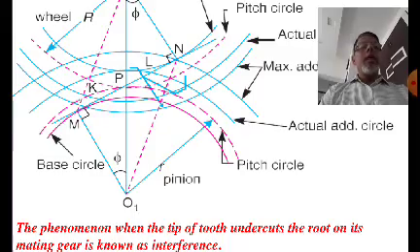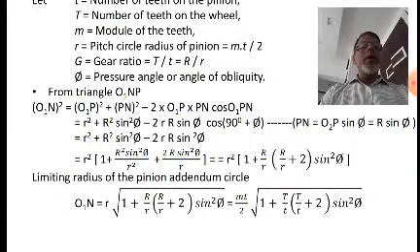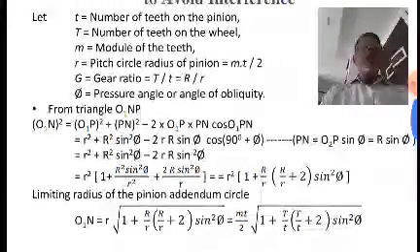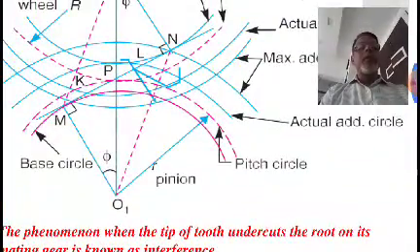O1Pn, right? The same thing is written over here. You can see O1N square is equal to O1P square plus Pn square minus 2 times O1P into Pn cos of O1Pn. Now O1P is what? O1P is the radius of the pitch circle of the pinion, right? Now what is this Pn?